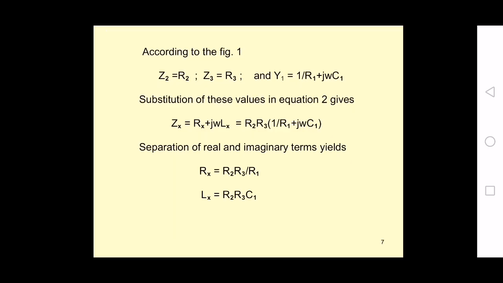From the figure, Z2 is R2, Z3 is R3, and the condition for bridge balance is I1 Z1 should be equal to I2 Z2, and your Y1, that is the admittance, is 1 by R1 plus j omega C1.